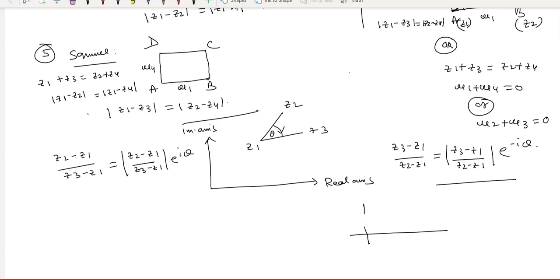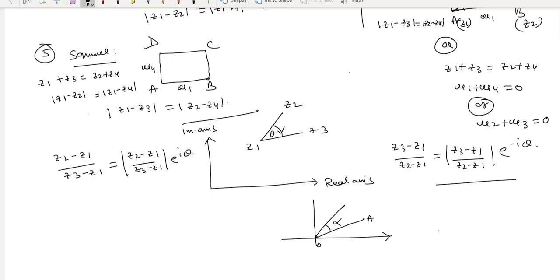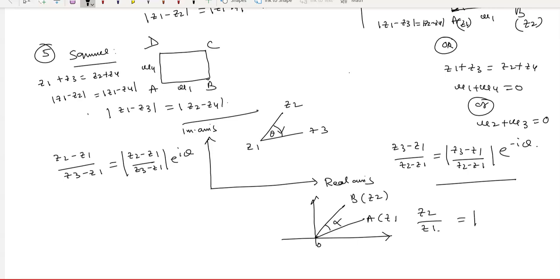If there are two complex numbers Z1 and Z2, they are joined from the origin. If this angle is alpha, this is A Z1, B Z2, then one can say that Z2 by Z1 is equal to mod Z2 by Z1 e to the power I alpha.